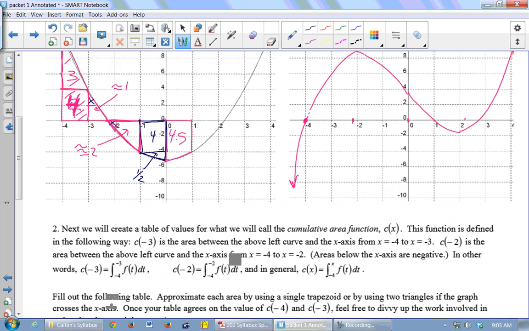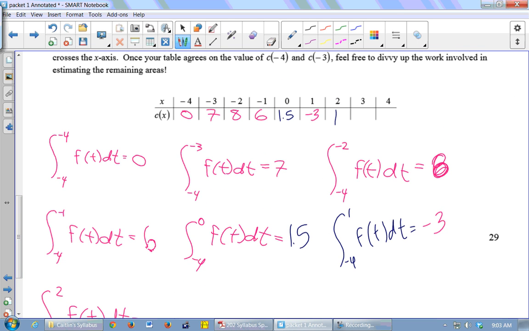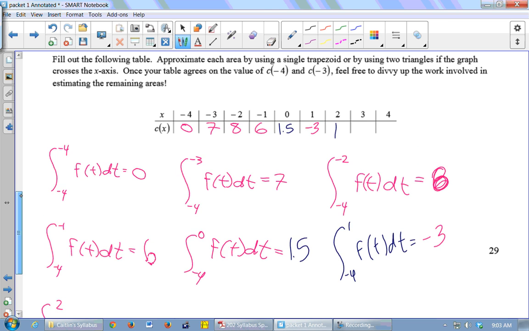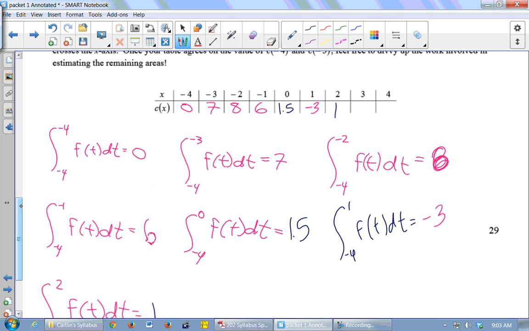All right, and this next piece we said was about 2. Below the x-axis, so I'm going to subtract 2. -3 minus 2 is -5.